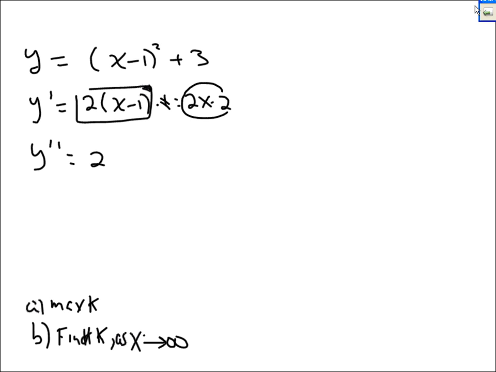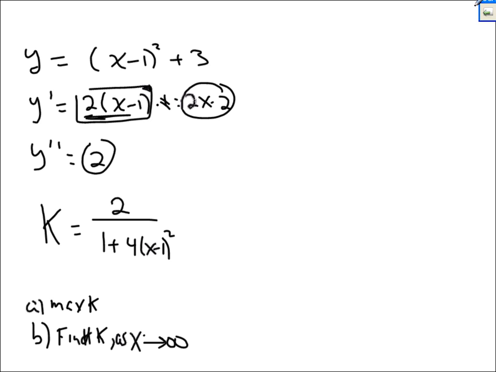Probably easier to take it from there. y double prime is 2. Okay? So the curvature is the absolute value of y double prime, which is 2, divided by 1 plus y prime squared. 2 squared is 4. x minus 1 squared is x minus 1 squared. We want to raise this to the 3/2 power.